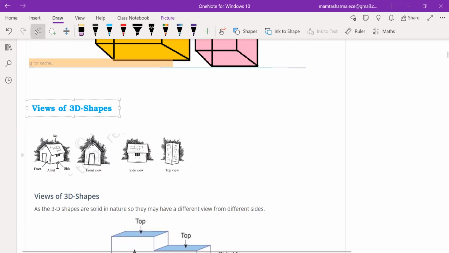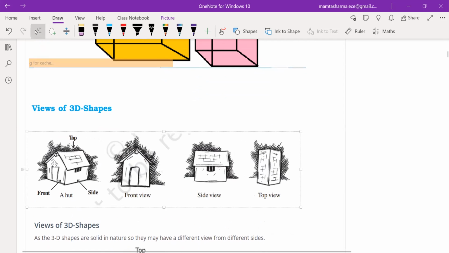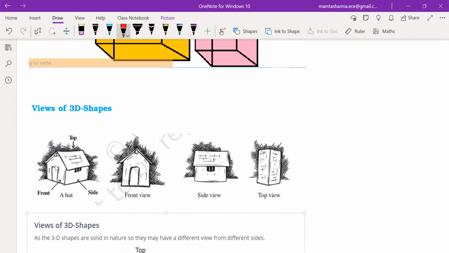Suppose I have the shape of this hut. Is this hut 2D or 3D? 3D, ma'am. 3D shape, because this hut has length, width, and height, all three measurements.